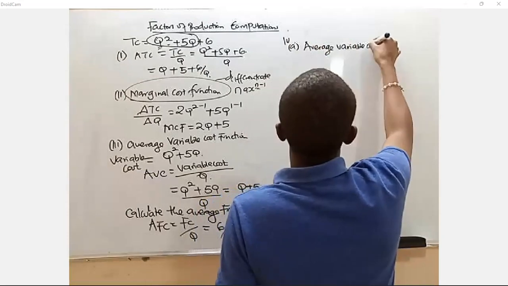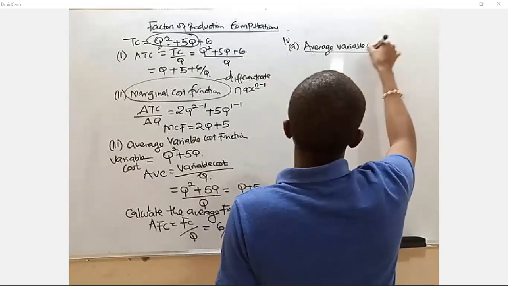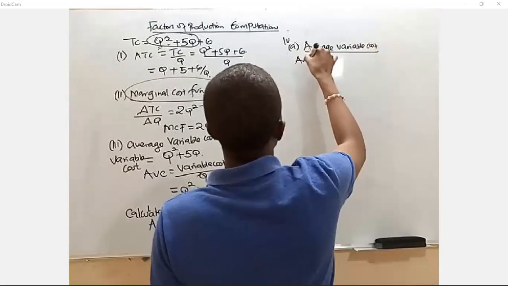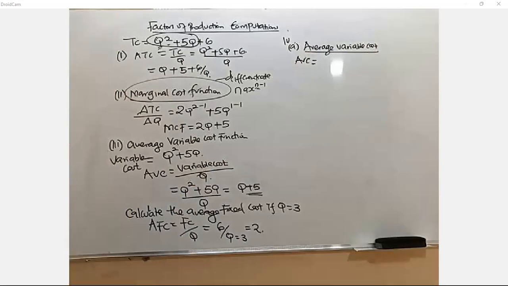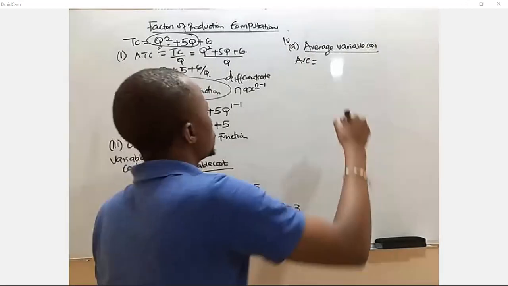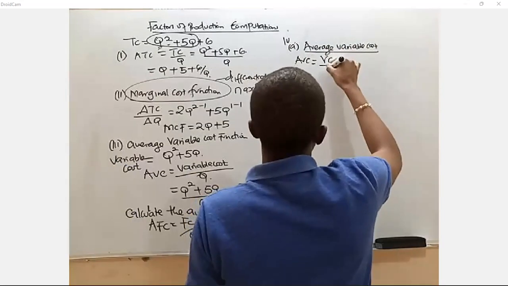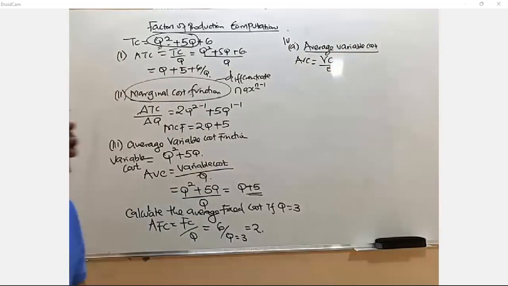To get our average variable cost, we have to take our variable costs, which we have already done here, and divide it by Q. The output level we have been given is 100.